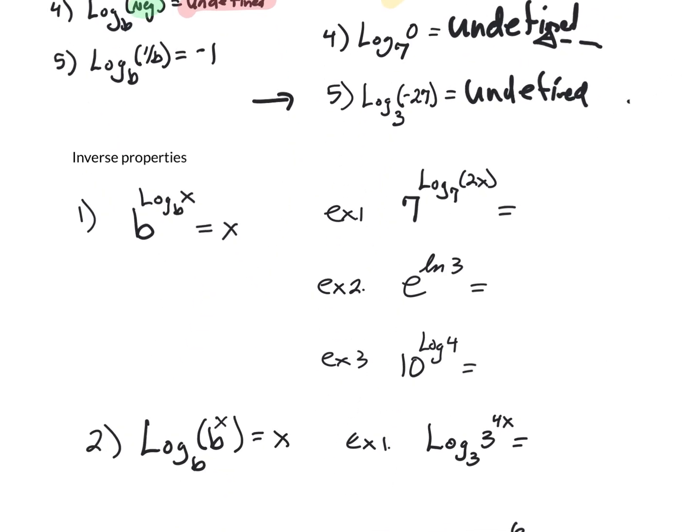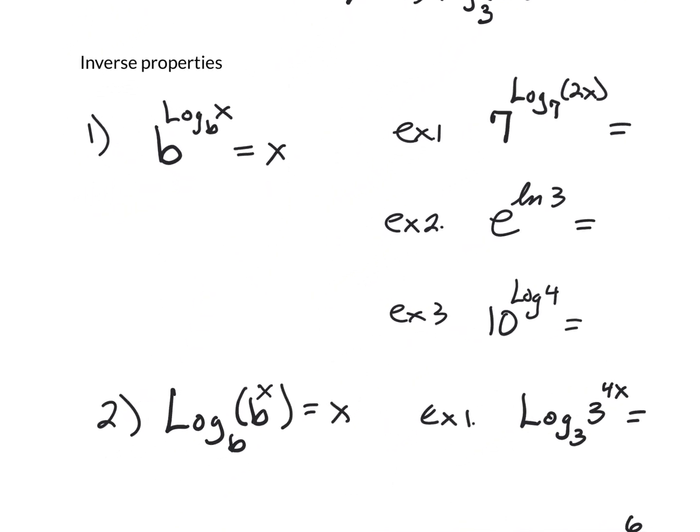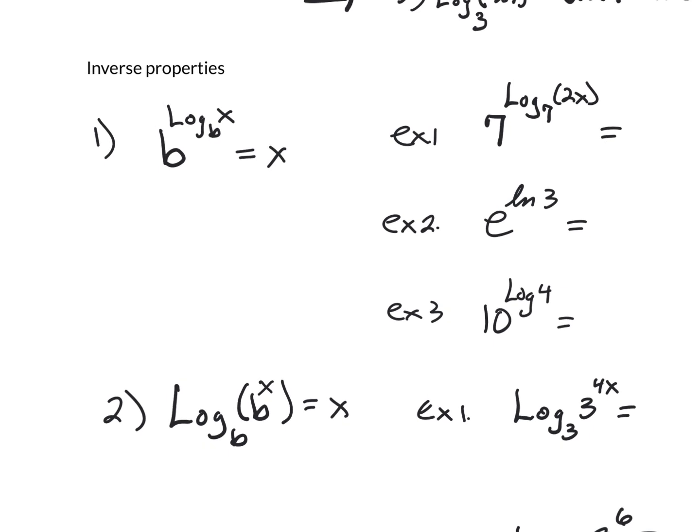And then we have inverse properties. This first inverse property says, if you have a base, and up in the exponent you have a log that happens to have the same base as the exponential, your answer will always equal whatever is in the "of" part of the log.